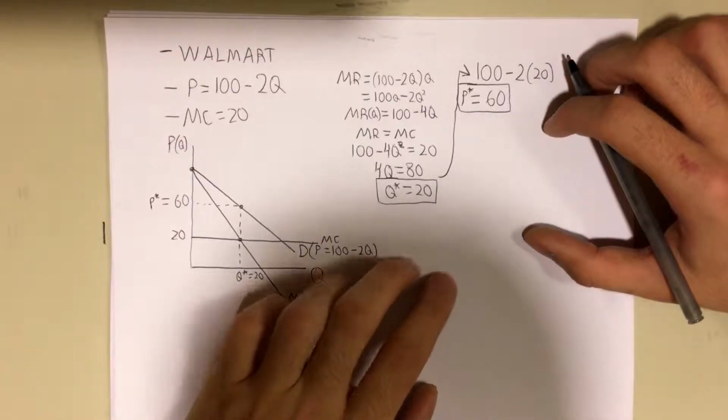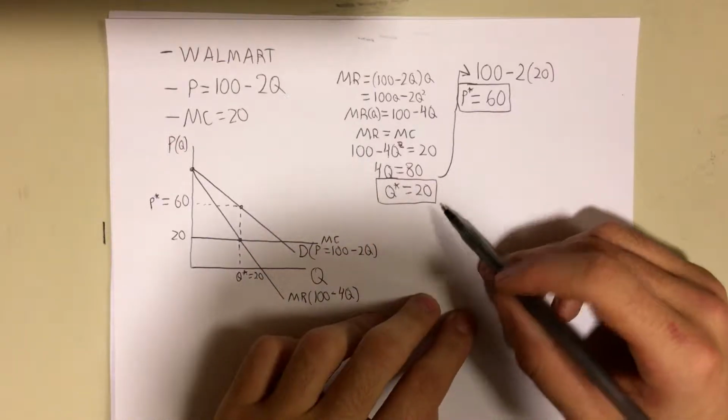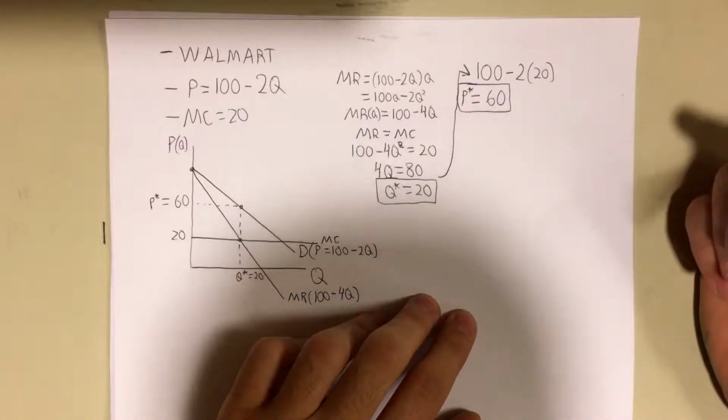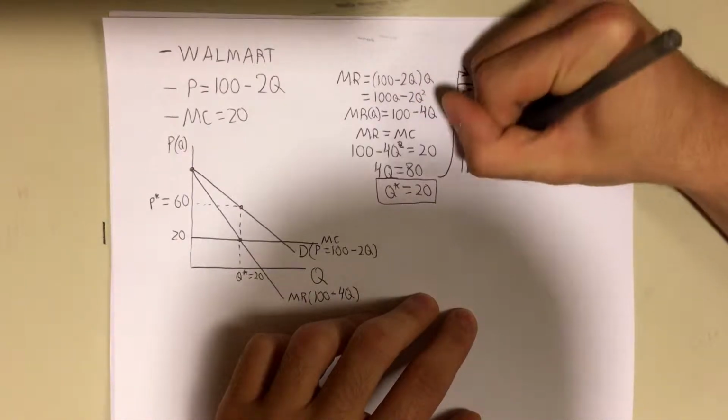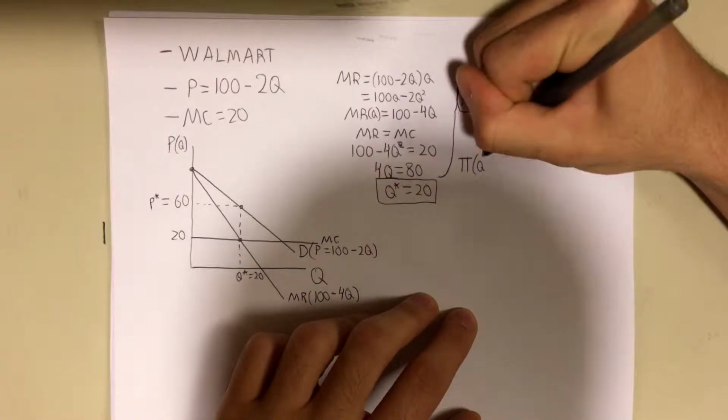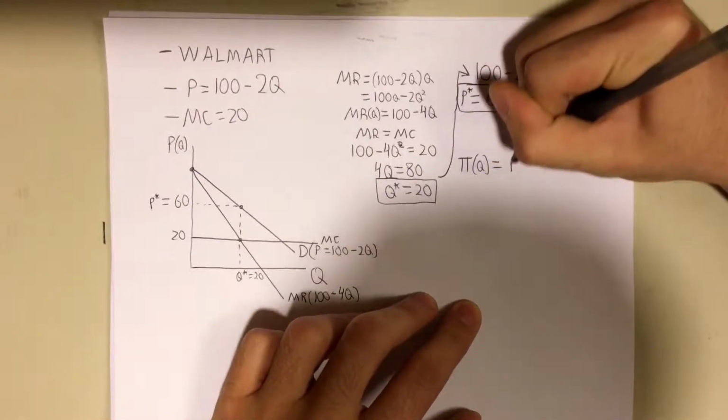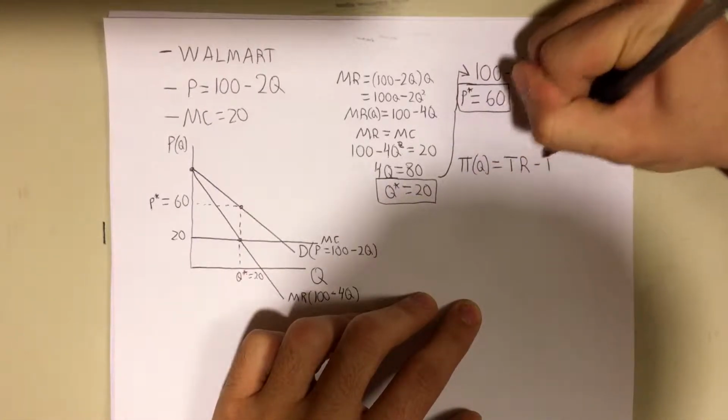After finding the optimal quantity and price for the firm, we need to determine their profit maximizing function with respect to Q, which is always total revenue minus their total costs.